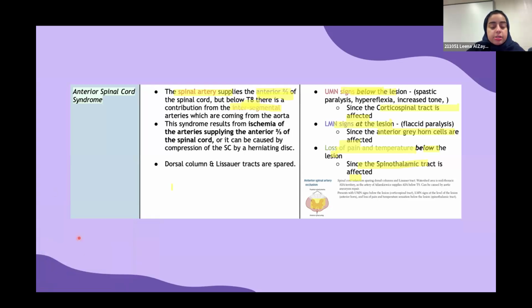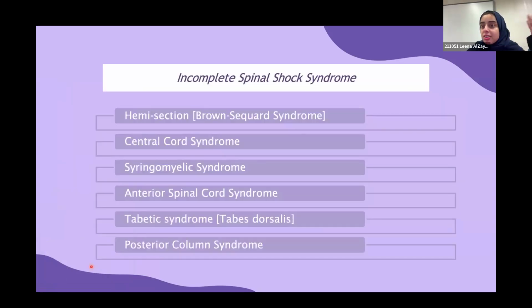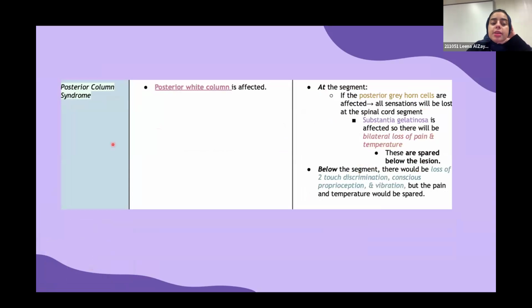Let's go ahead and explain the other incomplete spinal cord syndromes as a reminder for you guys quickly. Then we have the posterior column syndrome, which is completely opposite. What are we going to lose, guys? Obviously, logically, we're going to lose two-point discrimination, conscious proprioception, and vibration. And the posterior gray horns will also be affected.